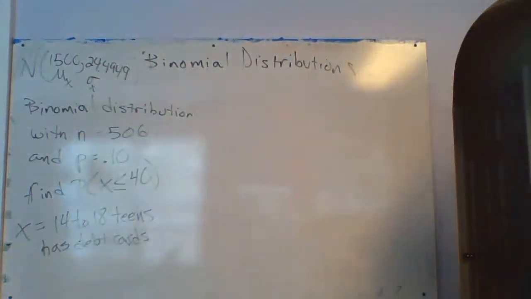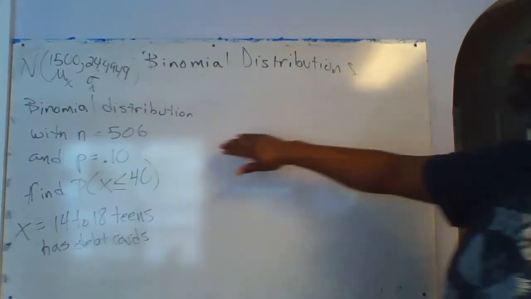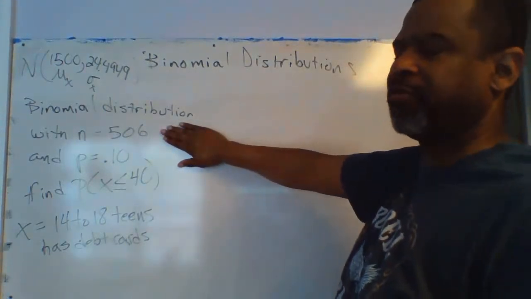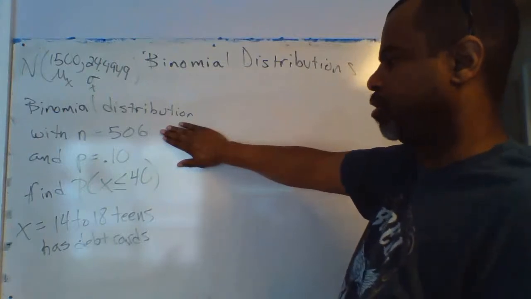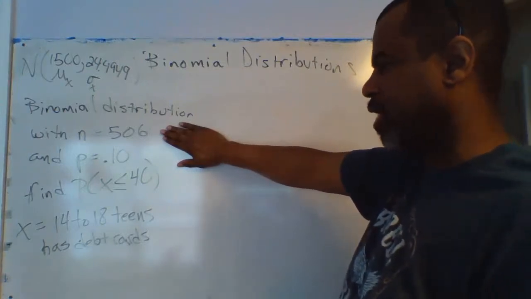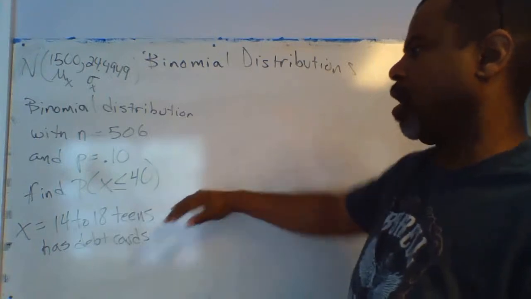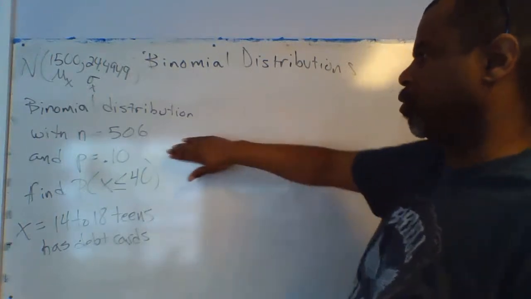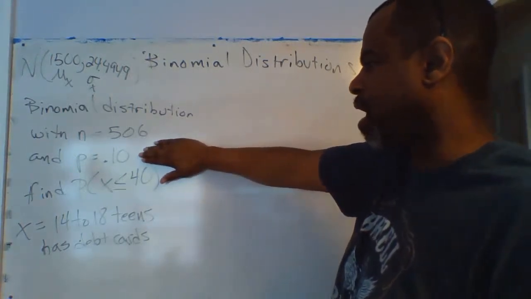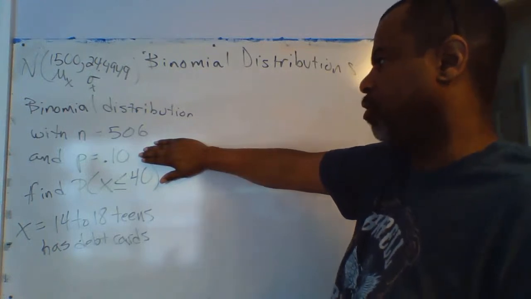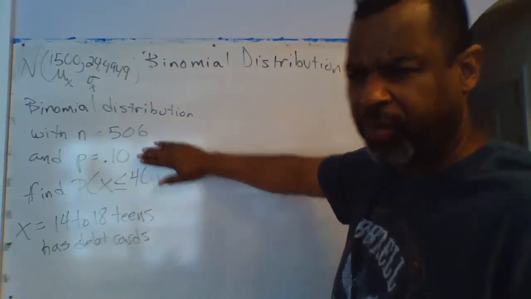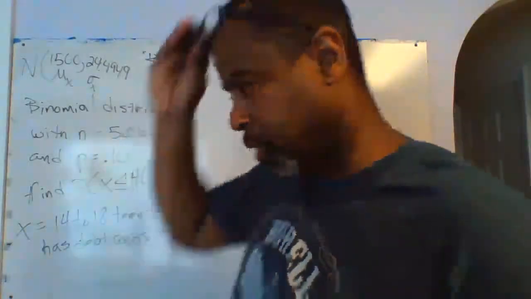Okay. All right. So we have this problem here. So X is our outcome. So we have a random sample of 506 teenagers from 14 to 18 that has a debit card. All right. Then we want to look at the probability of having a debit card, which is going to be 10%. All right.